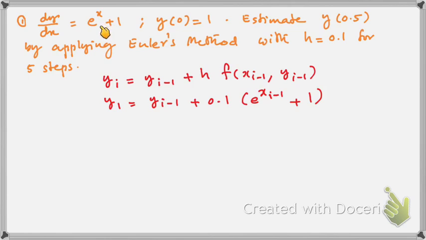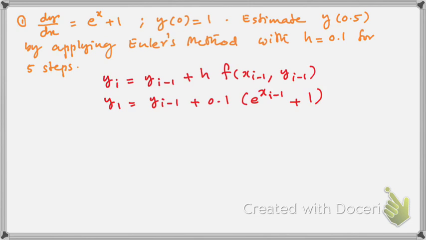But notice that there is no y in it, so I could say dy by dx is equal to f of x. So into my f of x, I should replace x by x i minus 1. This is going to be e raised to x i minus 1 plus 1. Okay, so that's the relation for finding y i.